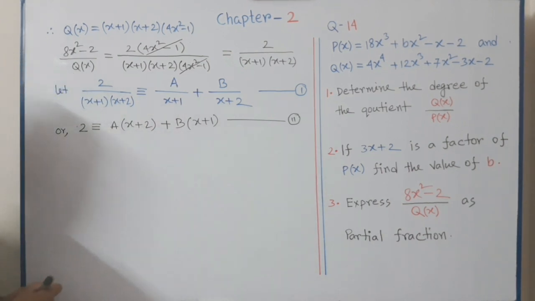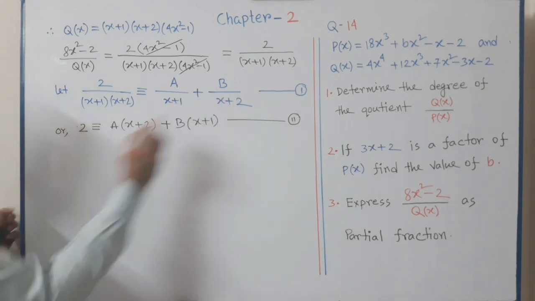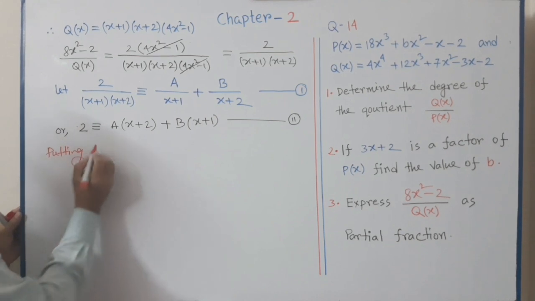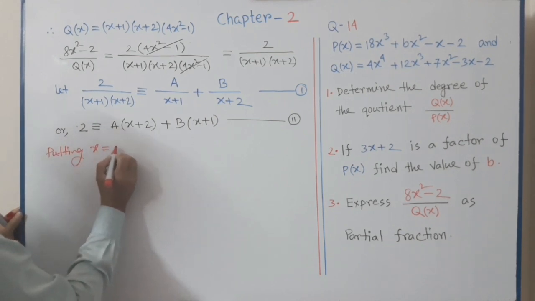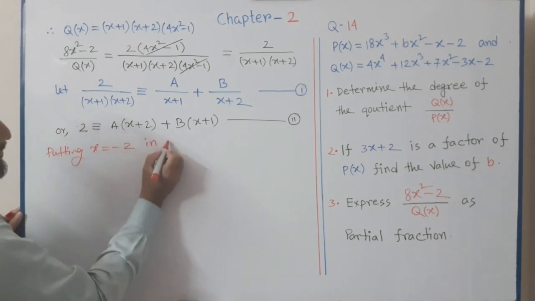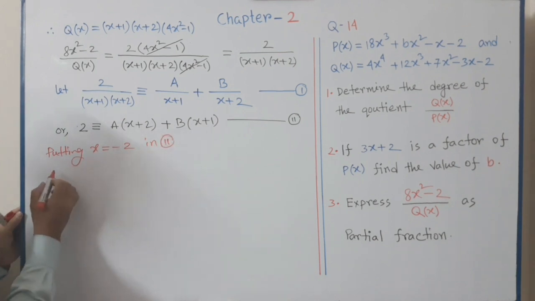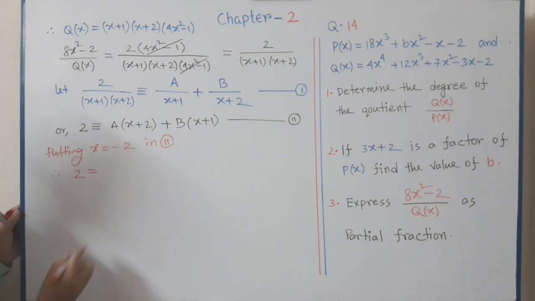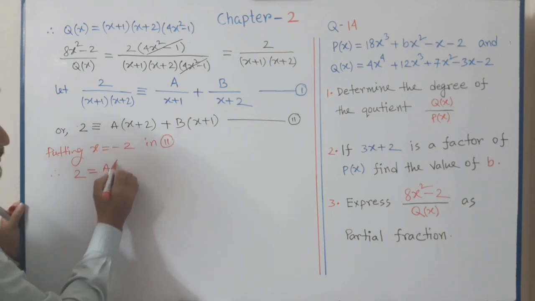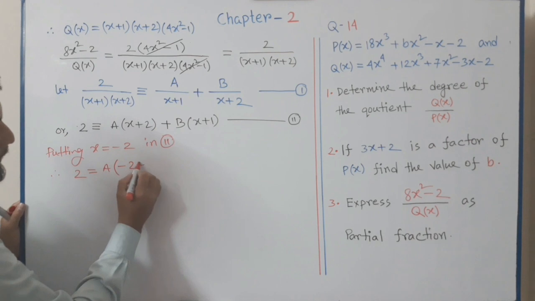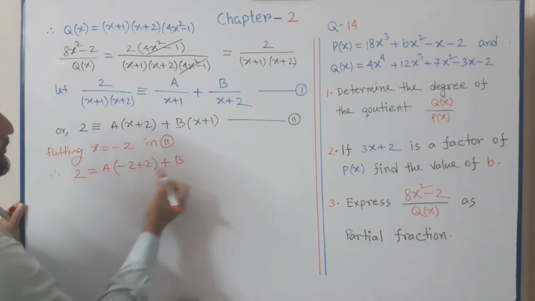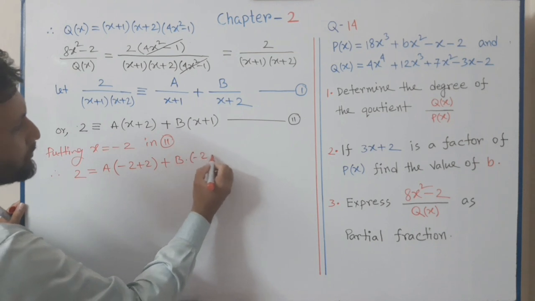At first, putting x equal to minus 2 in identity 2. So we will get here, see that 2 equals a into minus 2 plus 2 plus b into minus 2 plus 1.